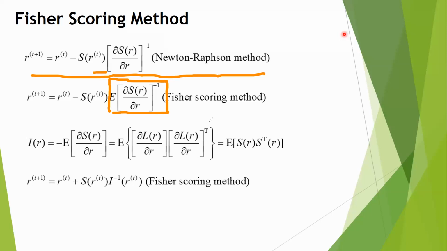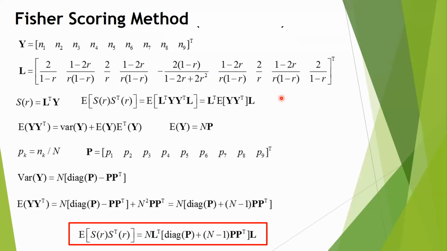You can simply say: the Fisher scoring method is a modified version of the Newton-Raphson by using the expectation of the second derivative rather than the direct calculation of the second derivative, such that the overflowing problem can be nicely controlled when we calculate the variance of R hat. Any questions here? Okay, very good.